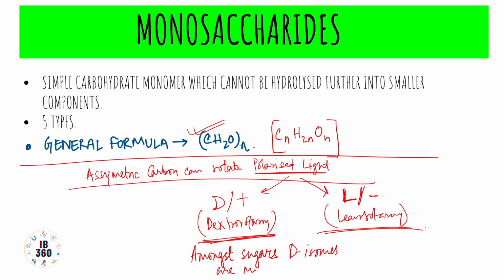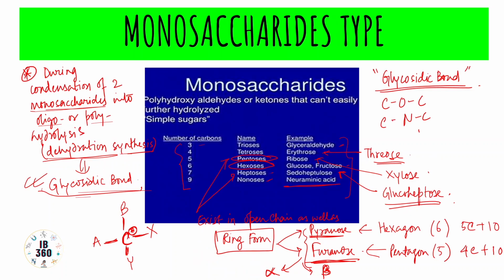Okay, so this is what we learned today. We learned today about monosaccharides, which are the simplest monomers. They cannot be hydrolyzed further, and there are roughly 5 types, though we have studied more than 5 types depending upon the number of carbon atoms. They can be trioses, tetroses, pentoses, hexoses, heptoses, or nonoses, and they form glycosidic bonds.